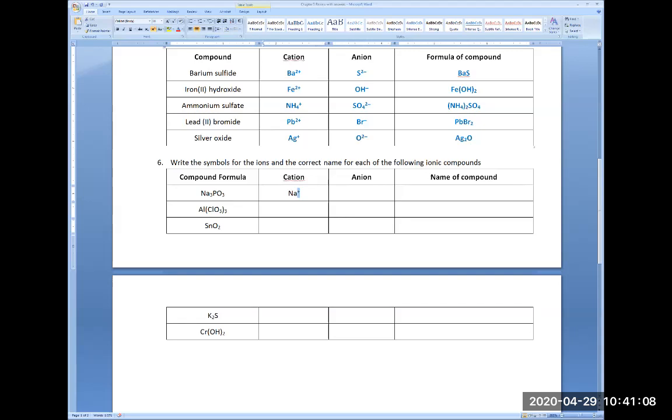And then PO3, this should be obvious to you that it's a polyatomic ion, right? It's more than one element there. And it's two nonmetals. P and O are nonmetals. It's phosphorus and oxygen. So you want to look at your list of polyatomic ions and tell me, so maybe type the name, not the formula.